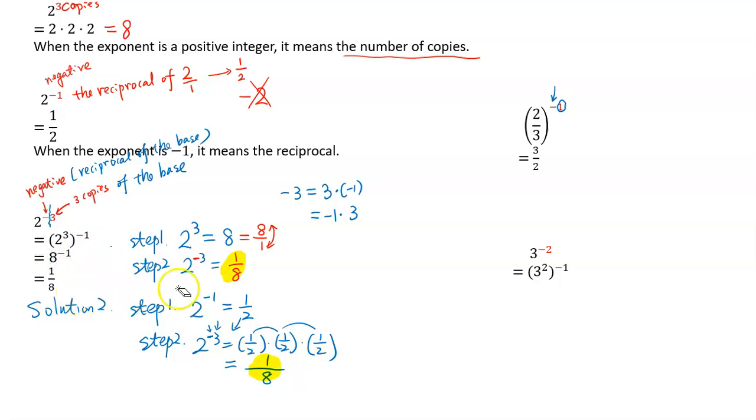So as you can see, in the first solution, I break negative 3 down as 3 times negative 1. And from one of the exponent rules we talked about before, when we have, for example, x to the second and then to the third, we can multiply the exponents 2 and 3 to get x to the 6th. So the same thing here. When I have an exponent which is the multiplication of these two numbers, I could take this exponent and then that one.